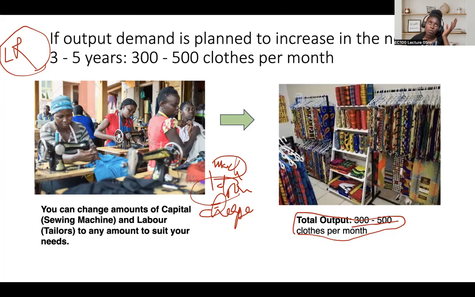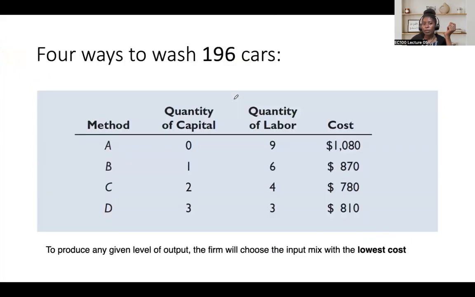I'm not sure. And having more people with fewer machines, you might not produce as much. I also see that nowadays there are very good, modern machines for making clothes. So someone might have fewer laborers and invest more in very good machines. It depends on which one is cheaper, as long as you are able to meet the same amount of output with a cheaper option.